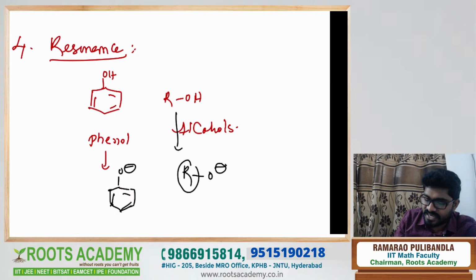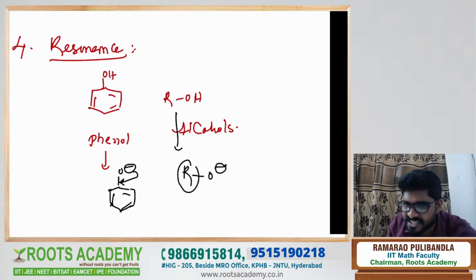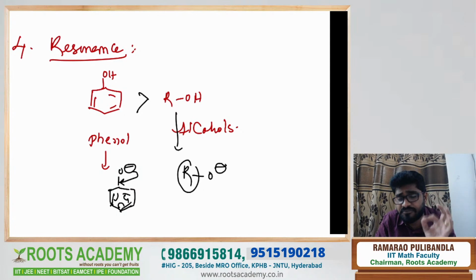In phenoxide, the O minus charge is diminished by resonance like this; the charge participates in the resonance, so the charge becomes less, and less charge means more stable. So that's why phenols are more acidic than alcohols. After removal of the proton, the conjugate base is more stable due to the conjugation of the phenoxide ion.